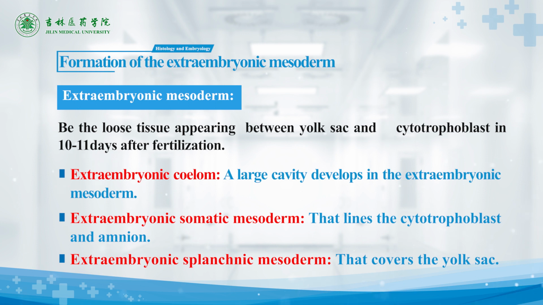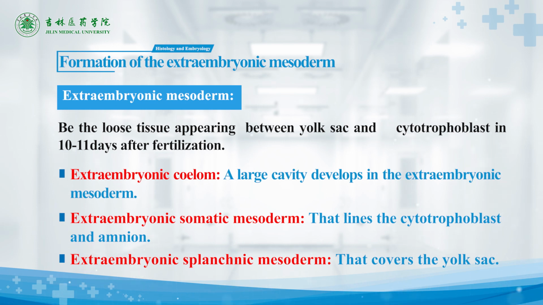Then, there are cavities between the cells of the extra-embryonic mesoderm, and the cavities gradually converge and increase, forming a large cavity called the extra-embryonic coelom.